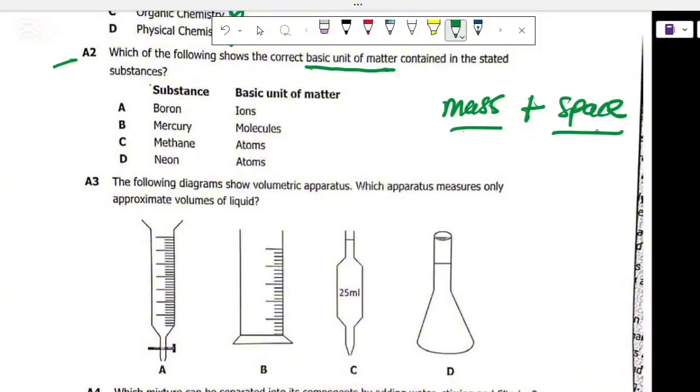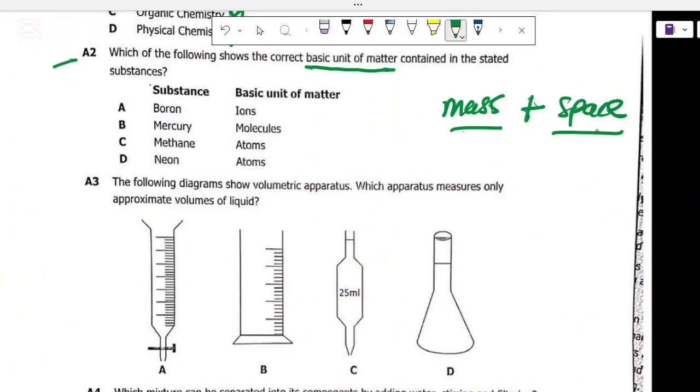For example, when you take a rock, that rock has mass, because you can measure the mass of that particular rock. Not only that, because it is a substance, it does occupy some space. In other words, where it is, it is actually occupying some space.